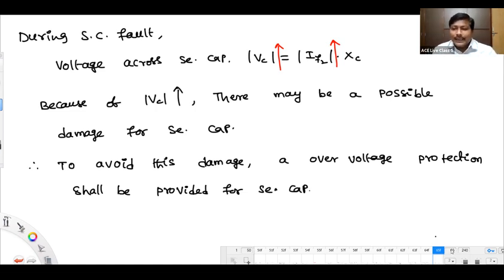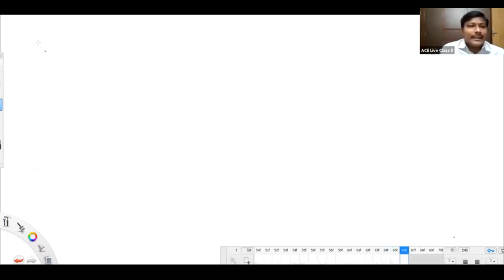One of the simple and basic over voltage protective devices will be the sphere gap. Let's discuss a little about that sphere gap.